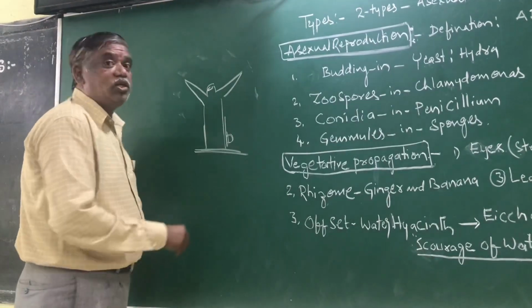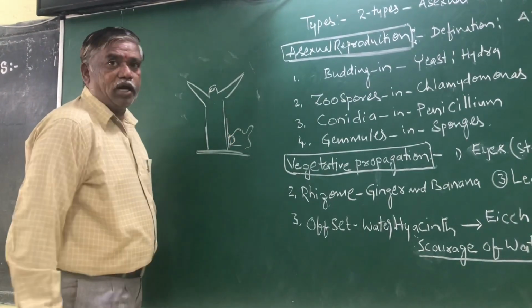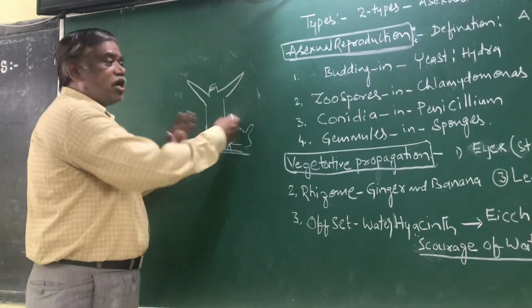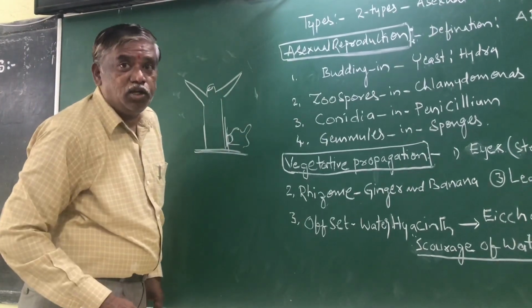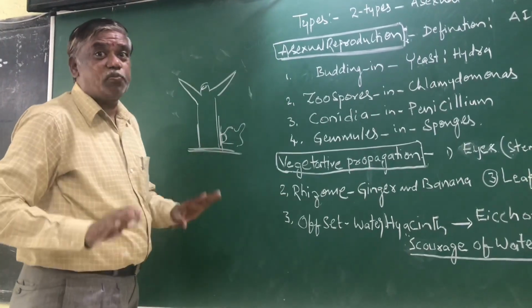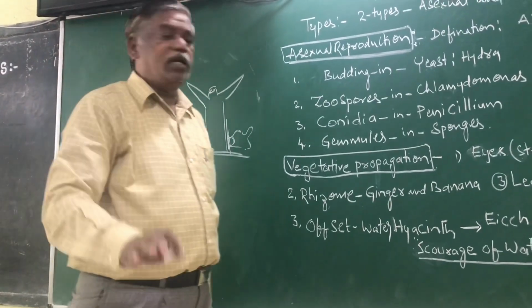This bulge grows in size and forms a daughter. After the formation, it detaches from the parent body and lives as a new, separate individual. This is the simple mechanism of budding in hydra.